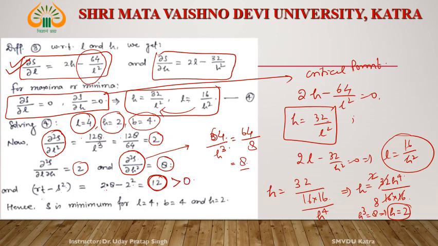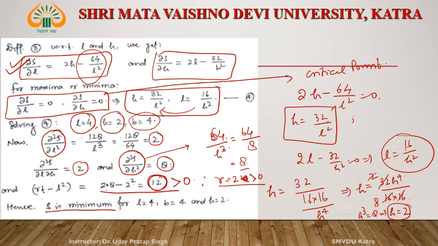Now see, S is minimum. Since RT minus S square is greater than 0, and R is equal to dou 2S by dou L2, that is 2, and 2 is greater than 0.